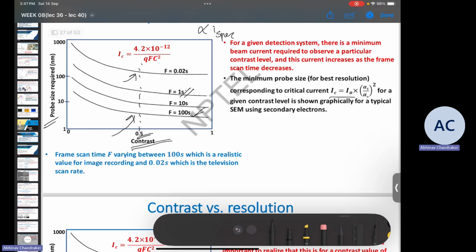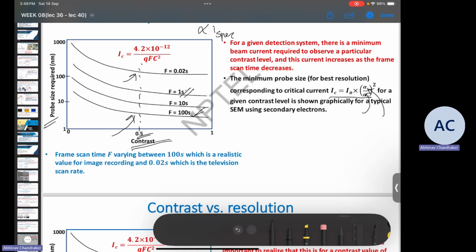And here we have a formula for it. So if you remember from the previous lectures, alpha naught was the convergence angle just when the beam came out of the condenser, and alpha 1 was the angle at which it entered the objective lens. And because of there being an aperture placed just above the objective lens, a lot of the beam gets blocked.